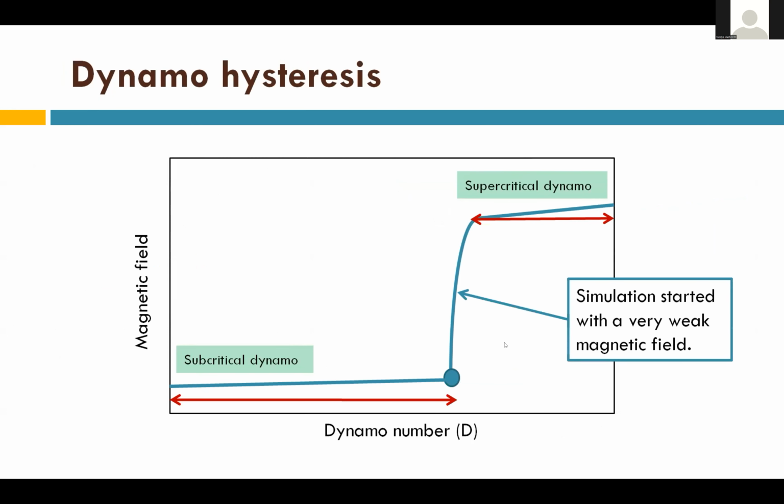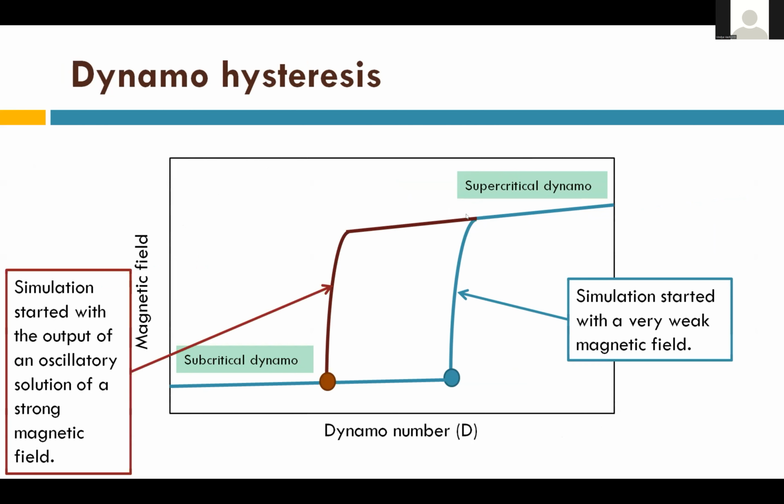But when we initialize the dynamo with a strong magnetic field, for example, if we give the output of this magnetic field as the input of the next run, then we get a strong oscillating solution even where before we were getting a weak magnetic field. So this pattern is known as hysteresis, this hysteresis curve.